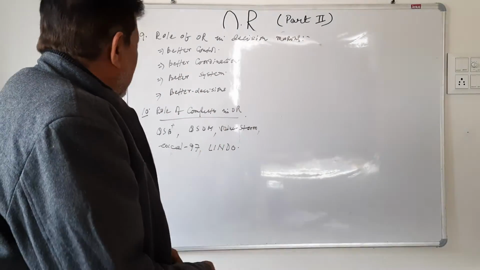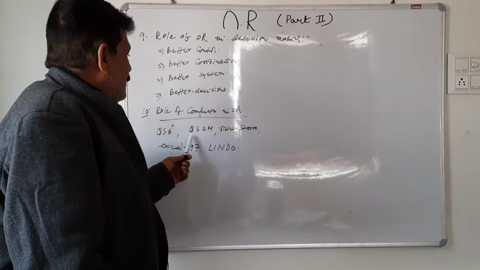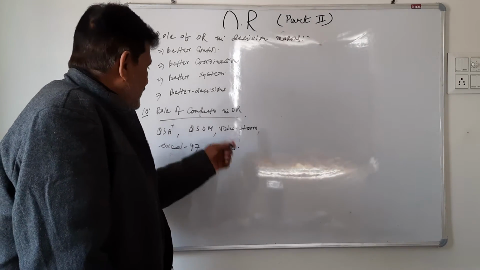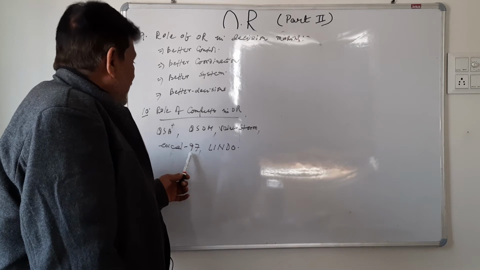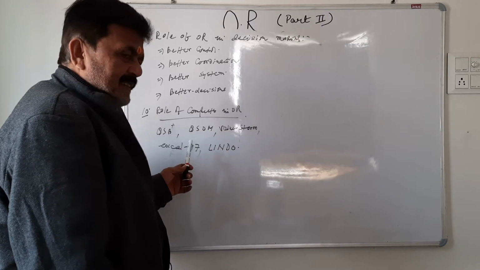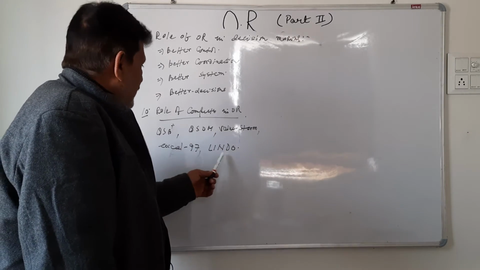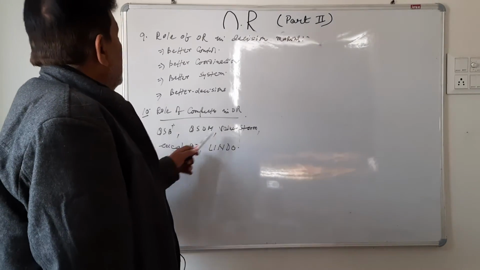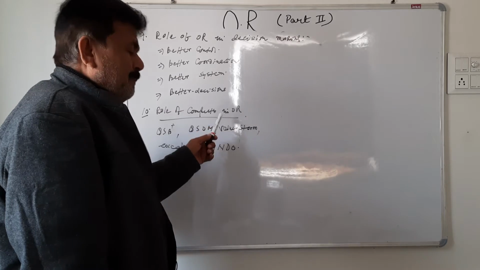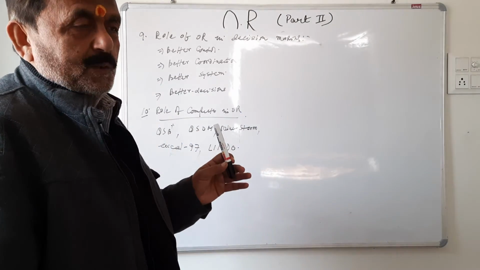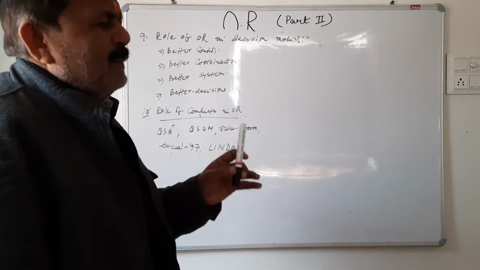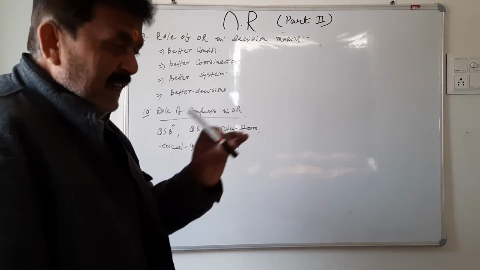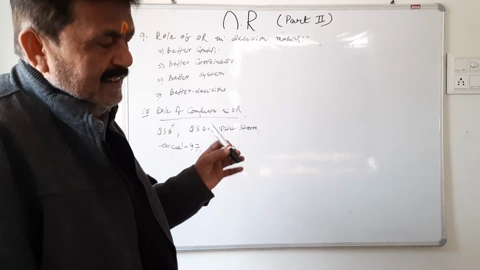A few of them are QSB Plus, QSOM, ValueStorm, Excel 97. These are the different softwares for doing work in OR, Lindo, and there may be other softwares too. So this use of computer in OR has become a boon for OR. Rather, OR would not have been what it is today without the use of computer.